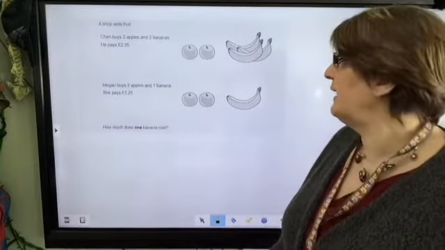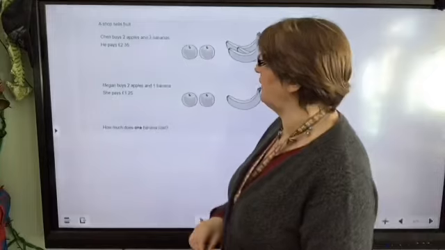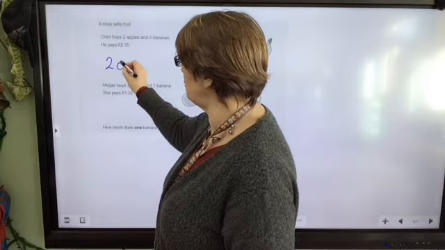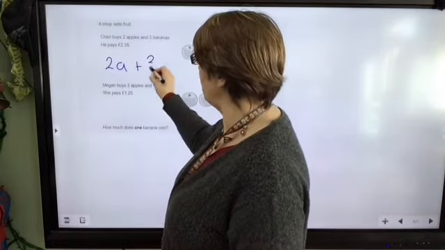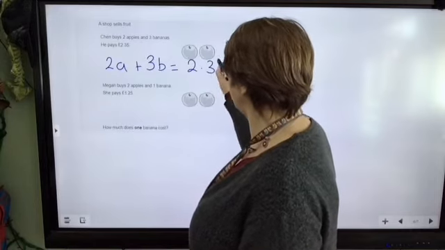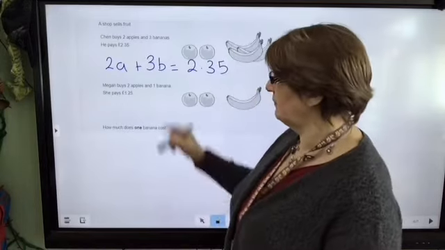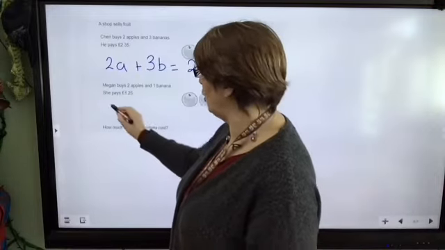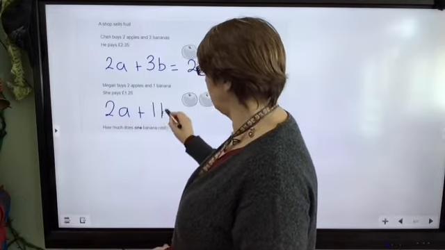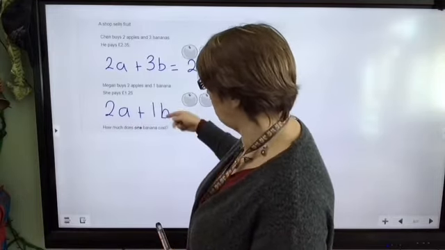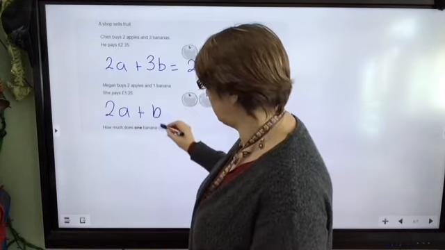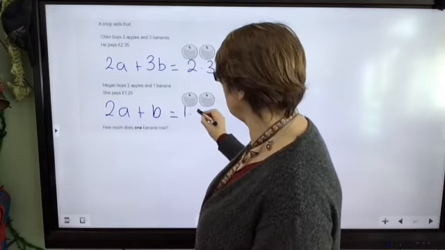So here I've got Chen buying 2 apples, which I will call A, just for ease of saying. So 2A plus 3B equals £2.35. Here I've got Megan buying 2 apples plus 1 banana, which I'll not put 1B, because we've talked about this before, just the letter B, equals £1.25.